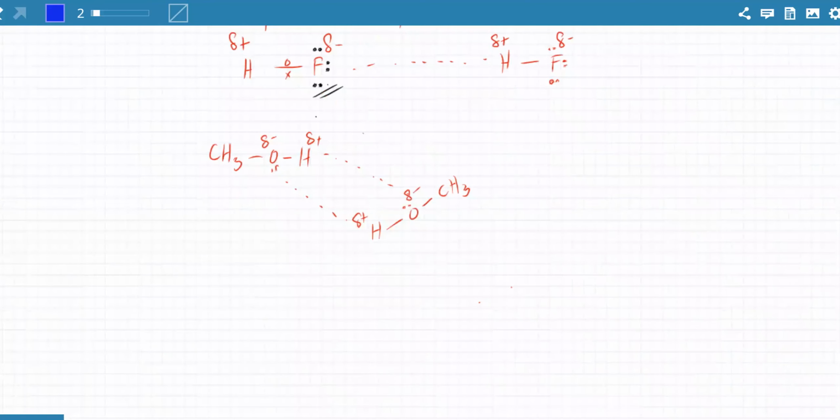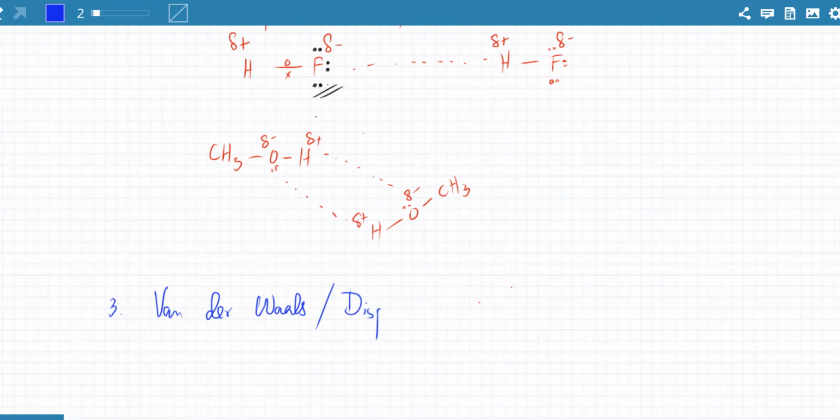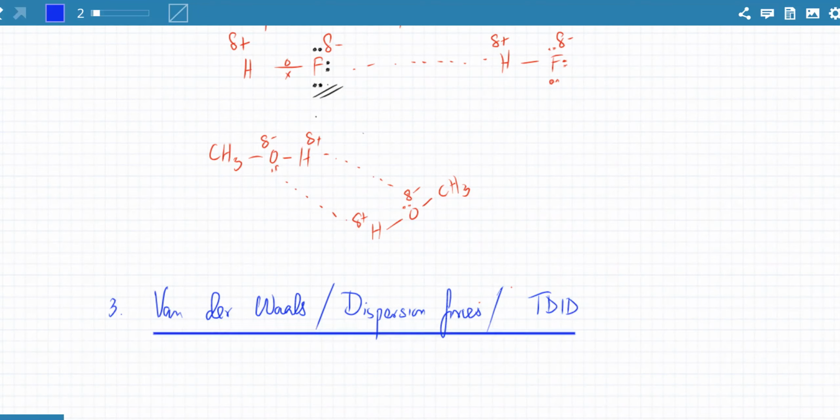Now, number three is van der Waals forces, or it has many different names. It's called London dispersion forces, and it's also called temporary dipole induced dipole, or TDID for short.